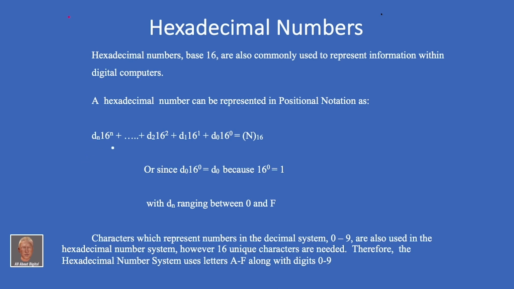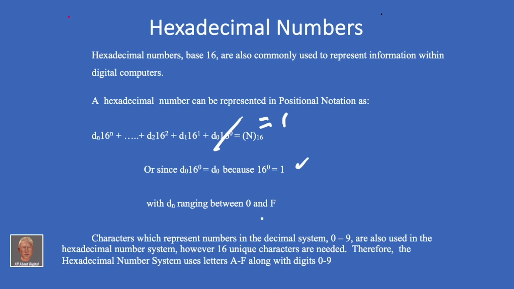The nth digit times the radix, which is 16 to the nth power, plus all the way down to the second digit, times 16 squared, plus d1 times 16 to the 1 power, plus d0 times 16 to the 0. Of course, 16 to the 0 is equal to 1, like we showed right here. With the digits ranging between 0 and F.